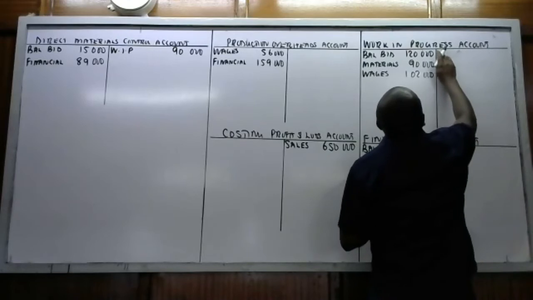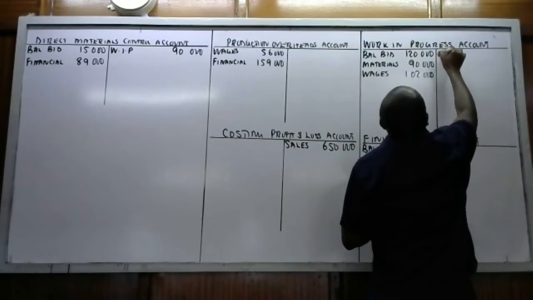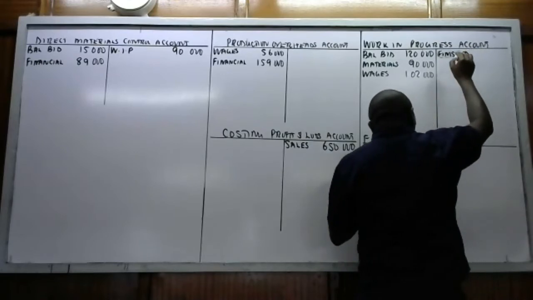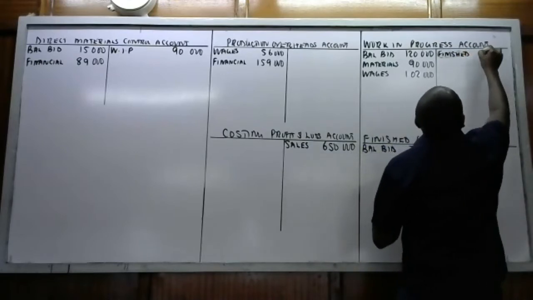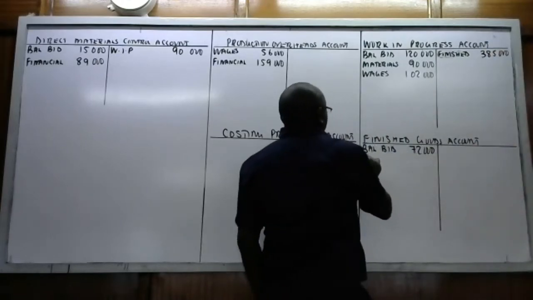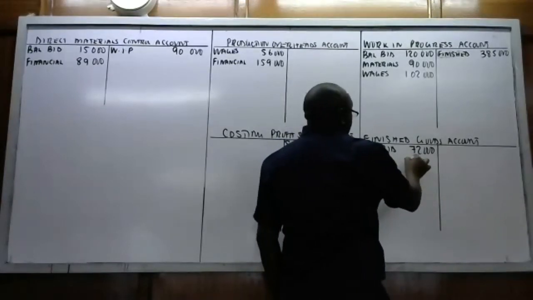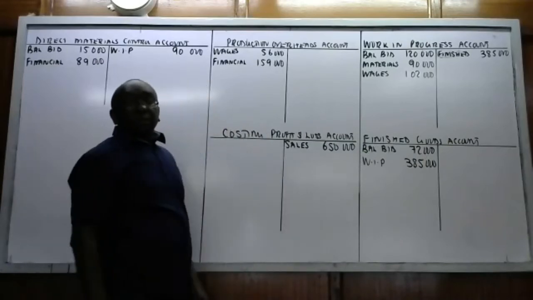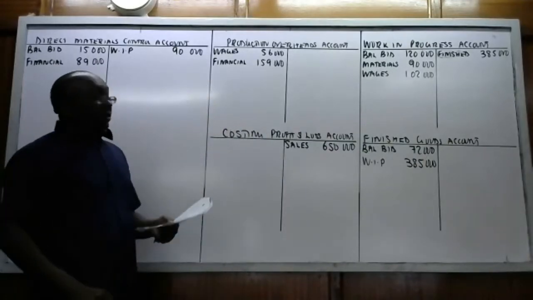This is being taken to the finished goods. We are going to finished goods and we send there 385,000. Then, arriving at finished goods, we say we have received 385,000.